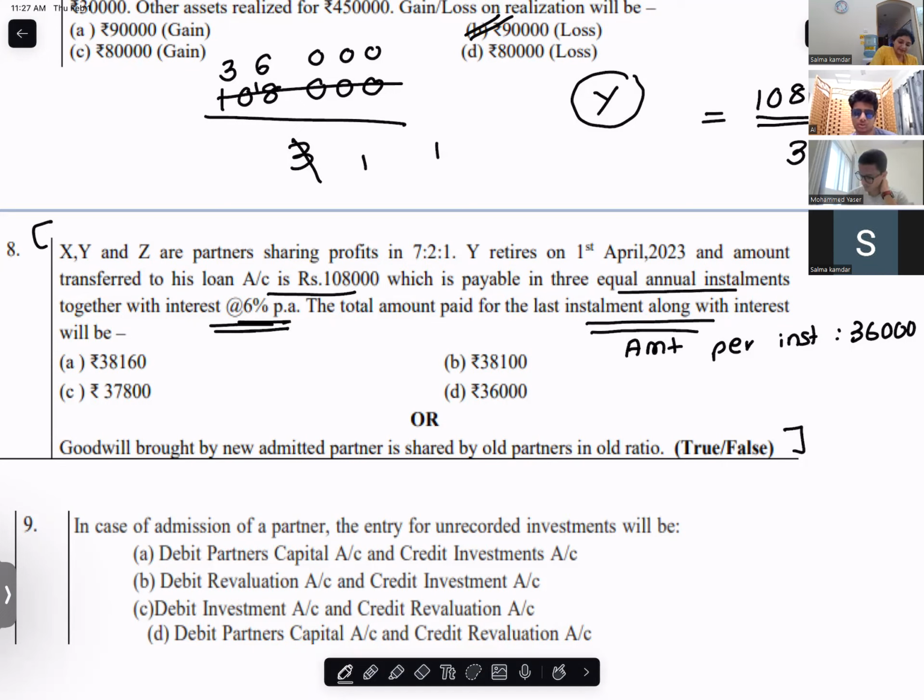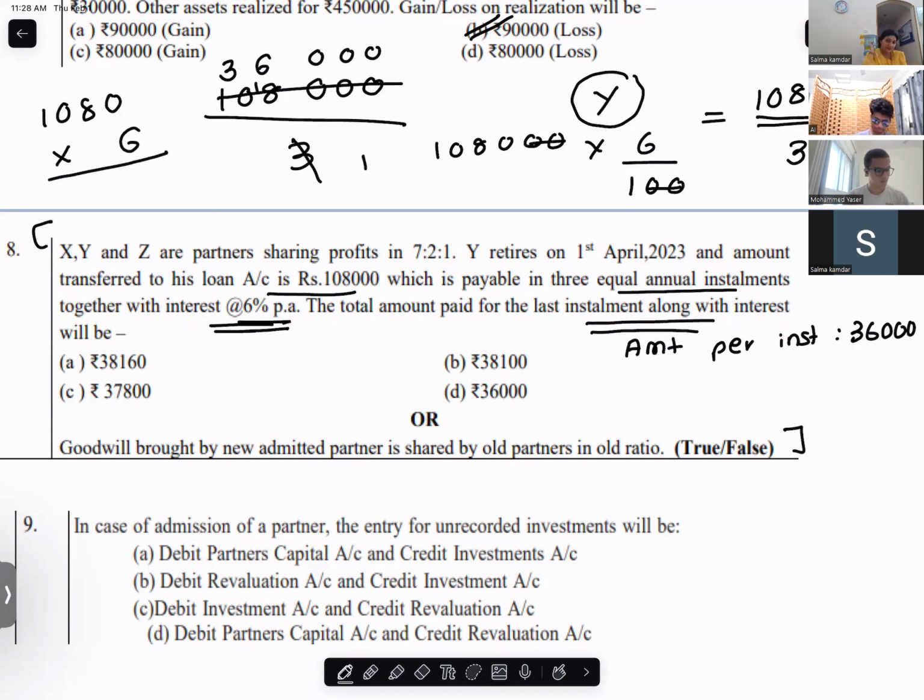So 6% per annum. So 1,08,000 into 6%, how much? 1080 multiplied by 6. Don't use your calculator. Do your calculation by hand. 8 sixes are 48, zeros are 0, and bring down the 4.